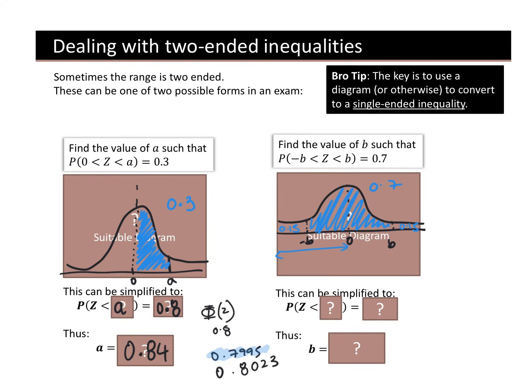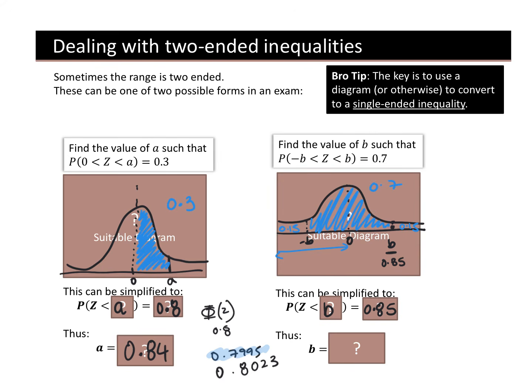So, when I'm thinking how am I going to do this, I know that to find this value here, this must be 0.85. So I want to find the probability that Z is less than B, which is 0.85.